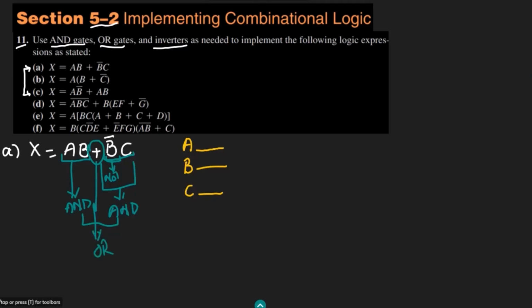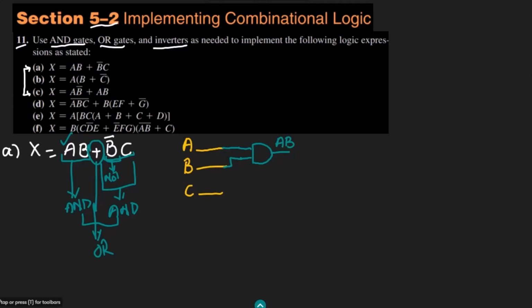Let me first start from here. AB is multiplied together, so here I will have the AND gate, and that is this one, a 2 input AND gate. The inputs to it are this and this, and here I will get AB.